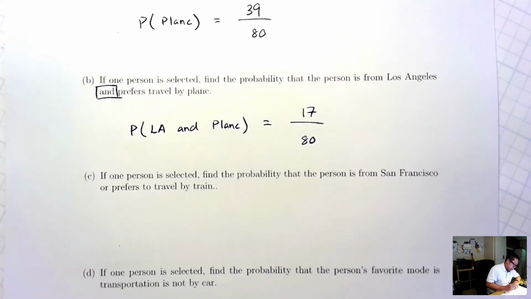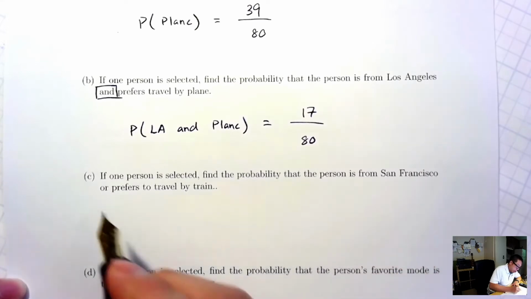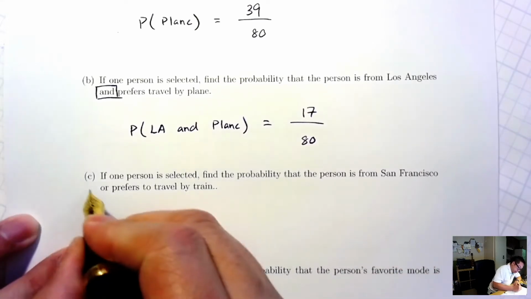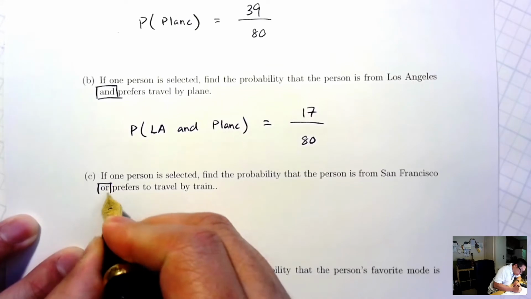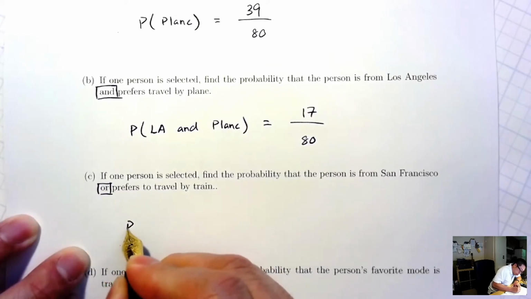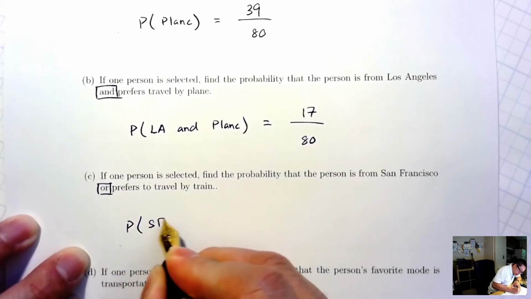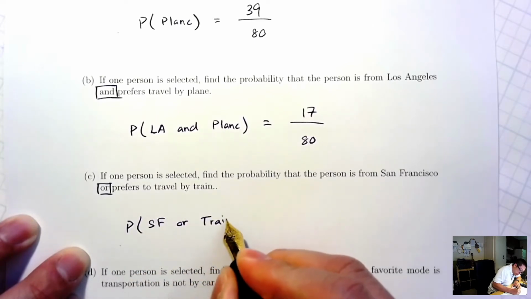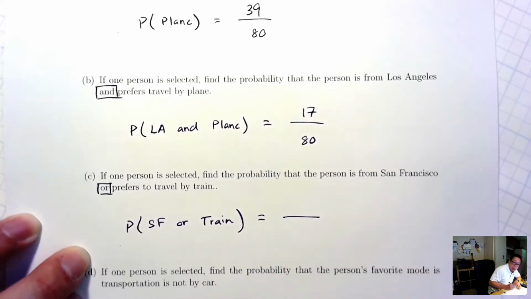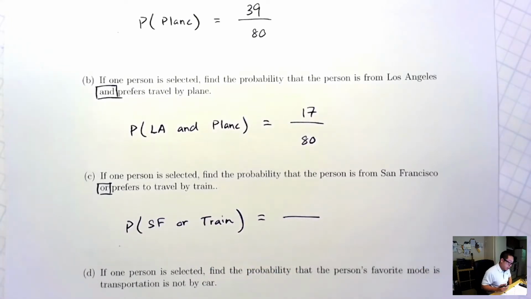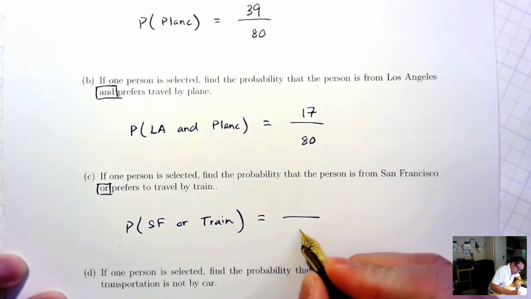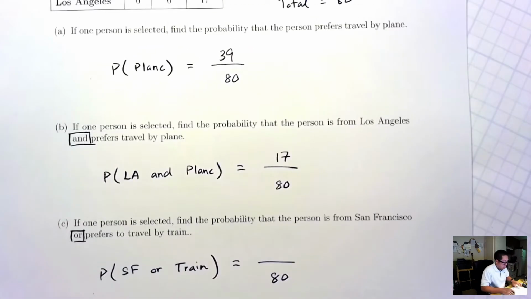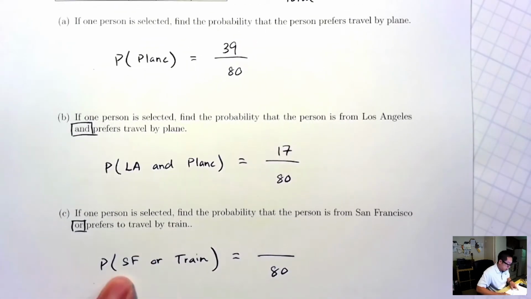Part C, if one person is selected, find the probability that the person is from San Francisco or prefers travel by train. The keyword here is or. Notation-wise, we are looking for San Francisco, so SF, or prefers travel by train. The bottom is still the total, which is 80. Now, or means SF, or train, or both.